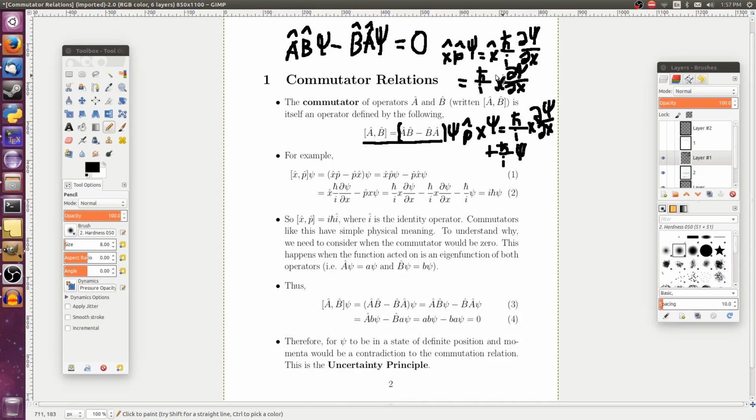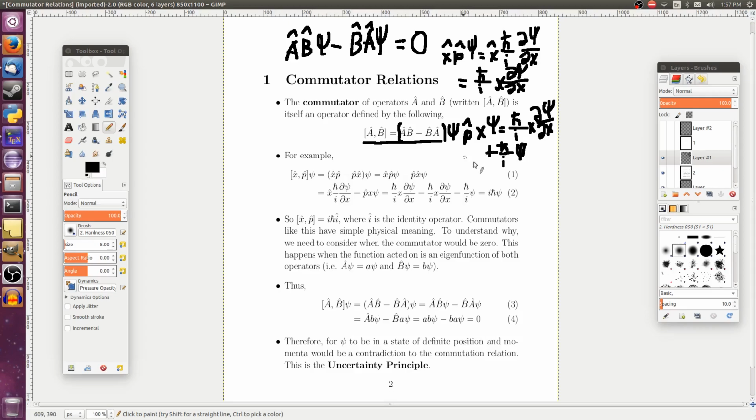So if I take this term up here and subtract this, then in my commutator what I have left is just h bar over i times psi.